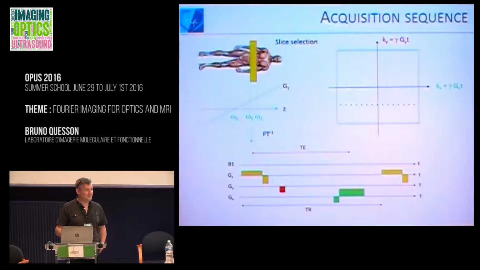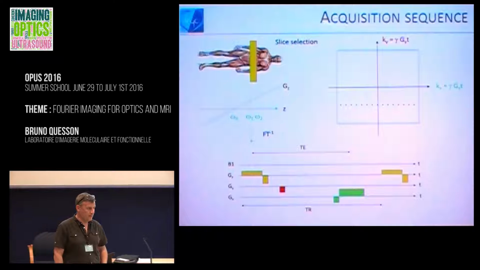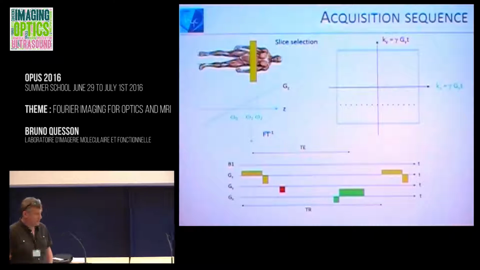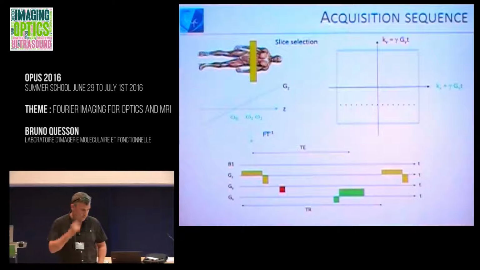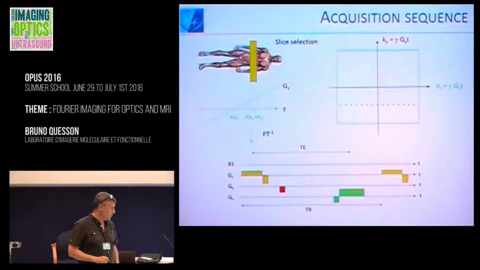Is that clear? Yeah, I wanted to know what is the value of the magnetic field in each situation. This really depends on your instrumentation. The standard clinical B0 values are 1.5 Tesla and 3 Tesla. These are the most common clinical values.